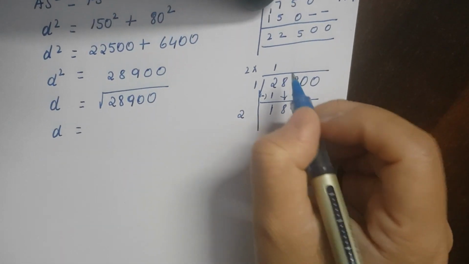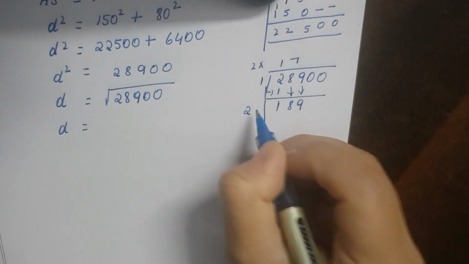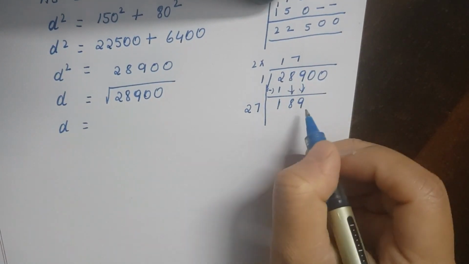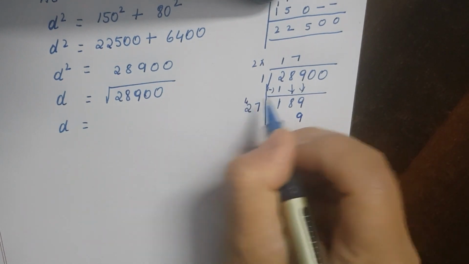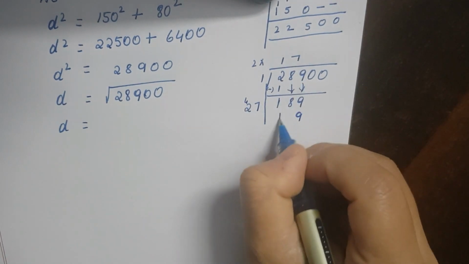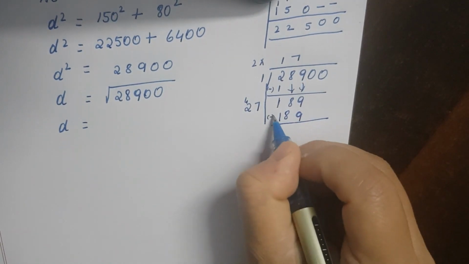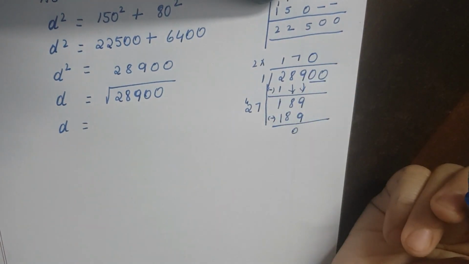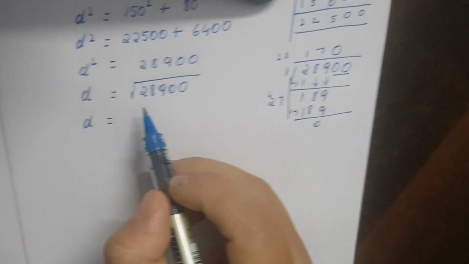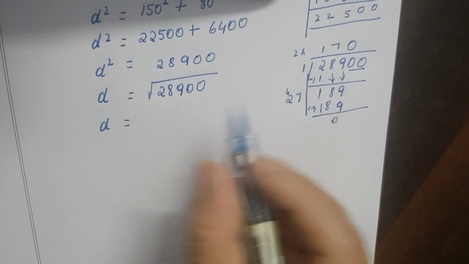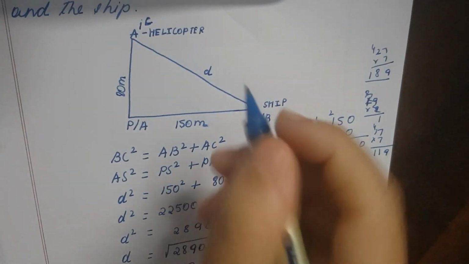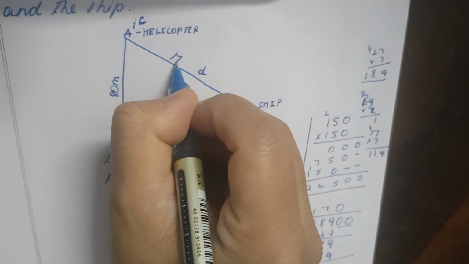So we will put 7 here and we will also put 7 here. Now let's multiply this. 7 7s is 49, 9 and 4 carry up, 7 2s is 14, 14 plus 4 is 18. If we subtract this, we will get 0. So for these two zeros, we only have to bring 1 0 up. Correct? So root 28,900 is equal to 170. So the hypotenuse value is 170, the distance.